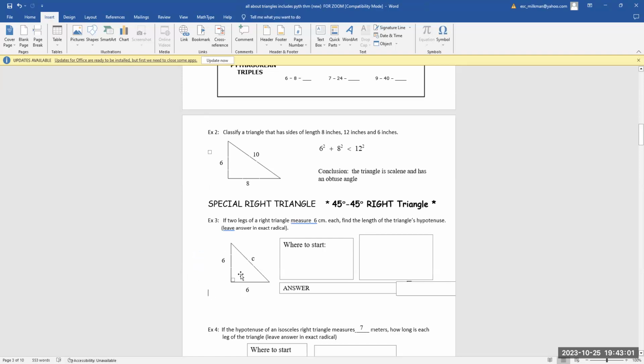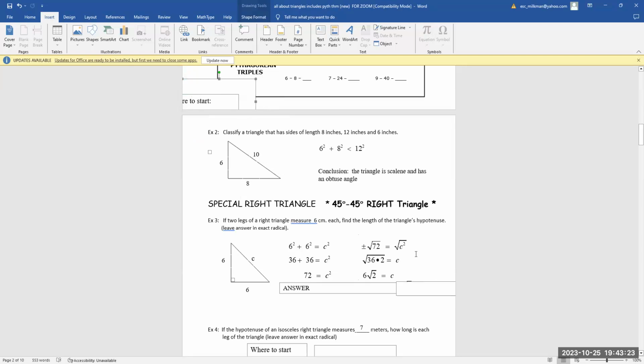First, draw the picture. Then do what? Consider the Pythagorean theorem. 6 squared plus 6 squared equals c squared. 36 plus 36 equals c squared. 36 plus 36 adds up to 72. When you take the square root of both sides, I am always putting a plus or minus sign, because that's the mathematician in me.